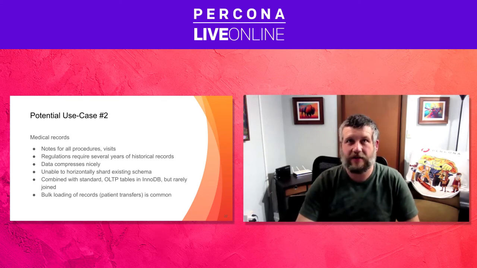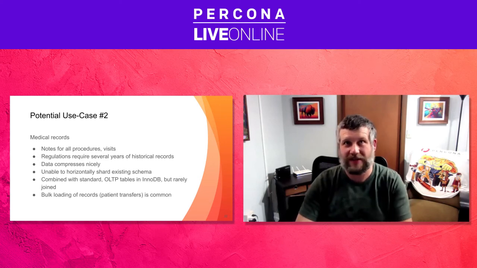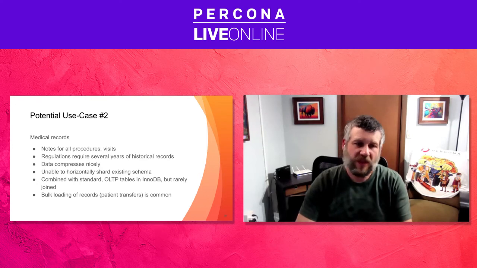It's not the best plan all the time to mix engines, but it is a possibility. If I want to rarely join it, but be able to join it, and I'm just streaming things into this one large archive table and have my relational data as well, but I want them all in one system in case I need to do a join, and I don't really care about the performance of that, this could work.